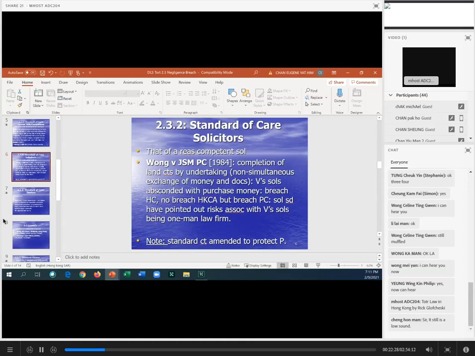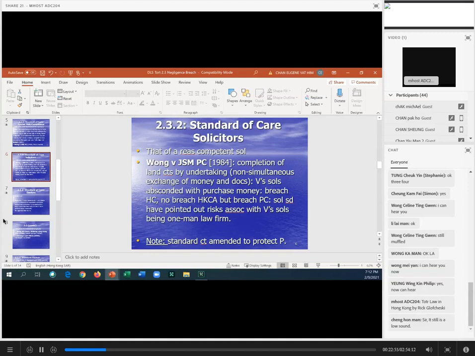Okay, so what the solicitor should have done is recognize this extra risk, and they should have advised their client to insist on what we call formal completion, that is, simultaneous exchange of money and documents. Interesting though, because in Wong and JSM, the Hong Kong Court of Appeal said there was no breach. They said, well, the young lady was just following the ordinary standards.